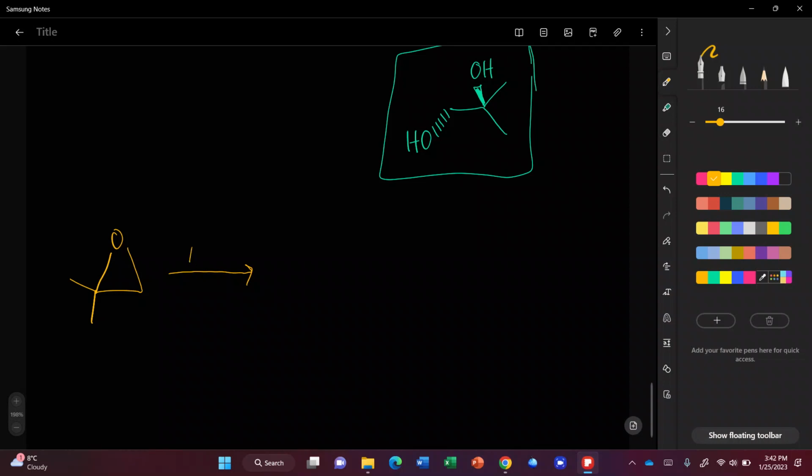less substituted part. So for instance, when I added NH3, ammonia, and again, I keep forgetting to put in the stereochemistry. When I put in the stereochemistry, then I saw that I was able to get this thing.